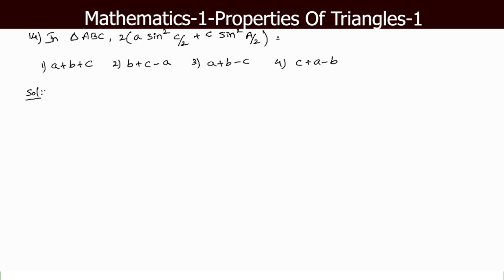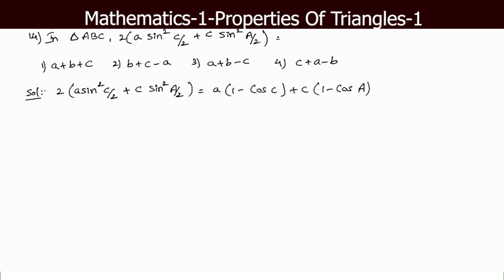So, now 2 into a sin square C by 2 plus c sin square A by 2 can be written as a into 1 minus cos C plus c into 1 minus cos A. So, that is a plus c minus a cos C plus c cos A. By projection formula, a cos C plus c cos A is small b. So, that is a plus c minus b. So, the correct answer is option number 4.